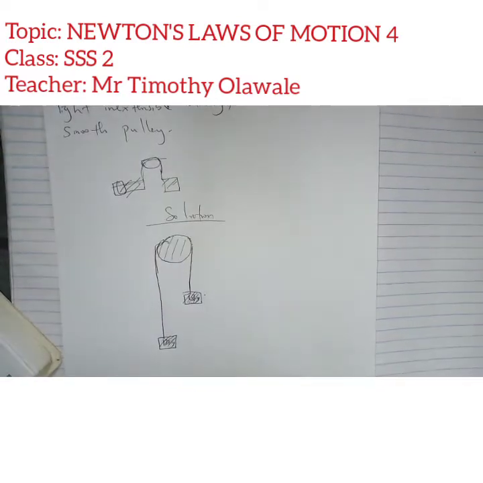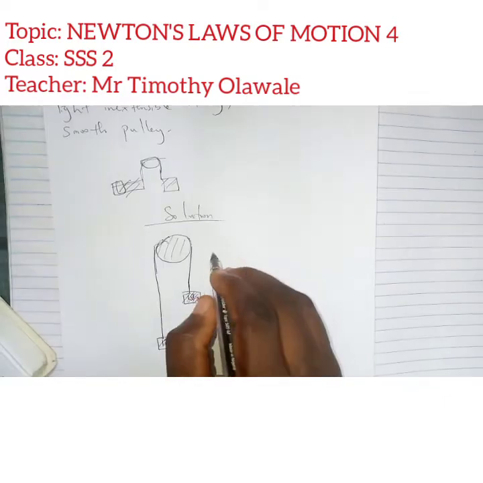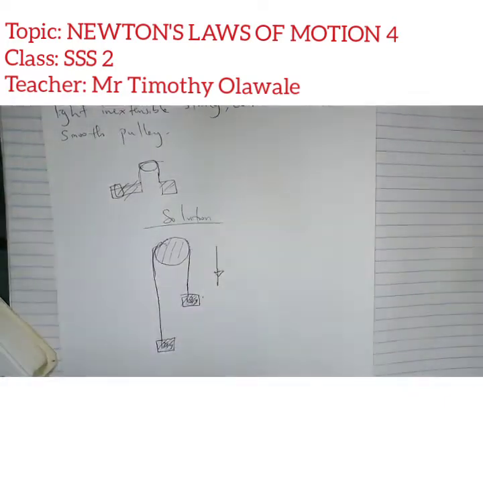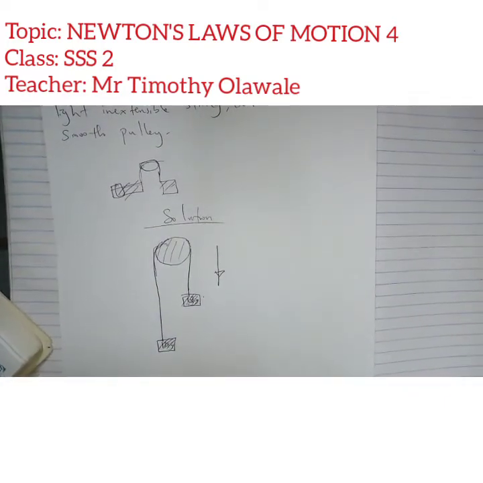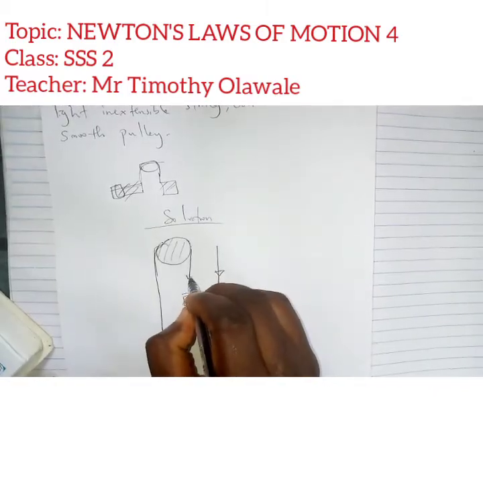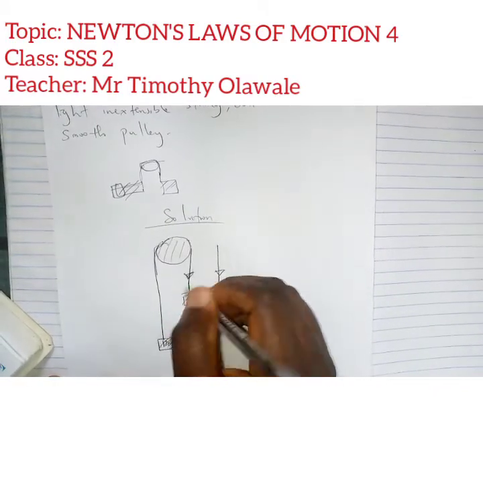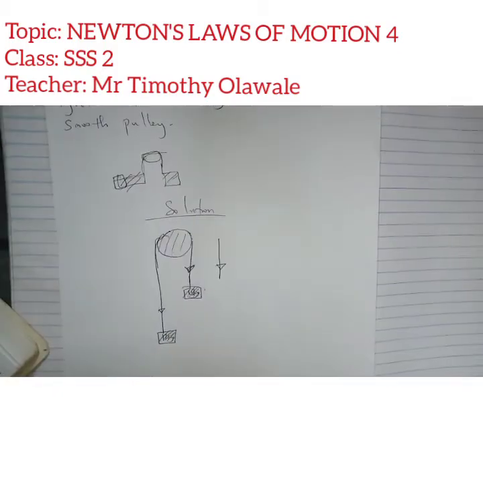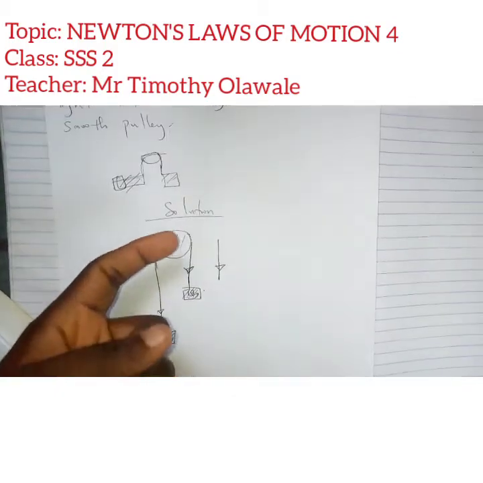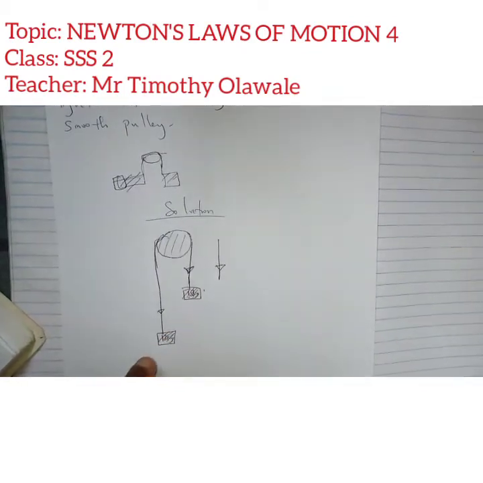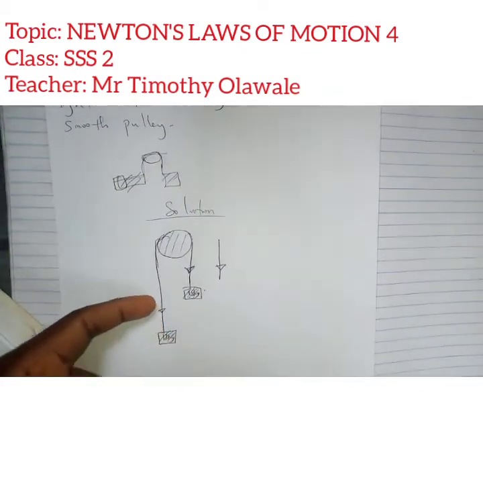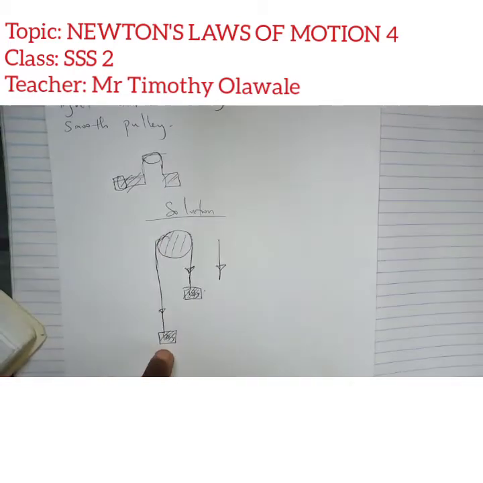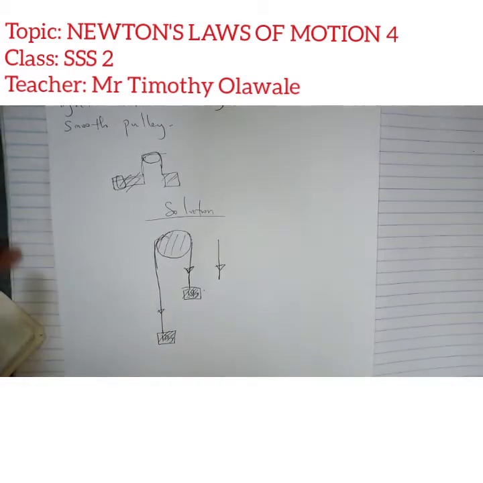Because the 15 kg is here, the rope will move in this direction, downward. Please take note that the tension here is downward. But pay attention: while the tension here is pulling it down, at one time or the other that tension will be greater than what this body offers, and it will pull it up too.